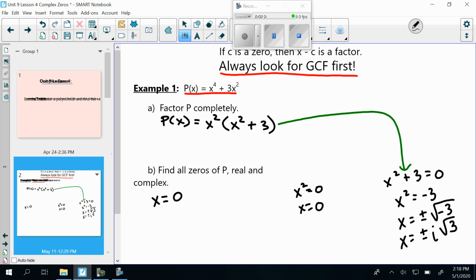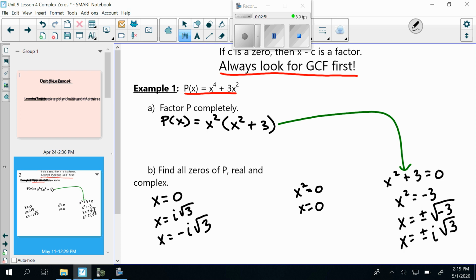So we get two imaginary roots to this one as well: the complex number i square root of 3, and also negative i square root of 3. So those are our 3 zeros.